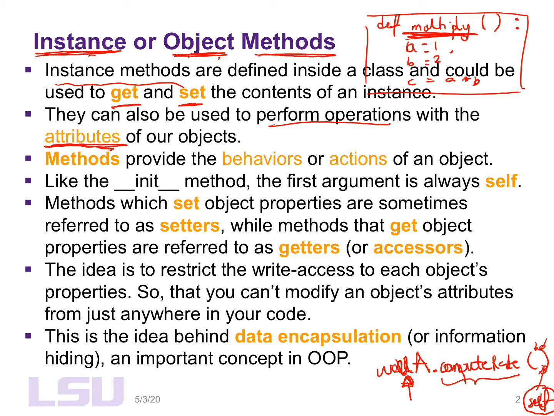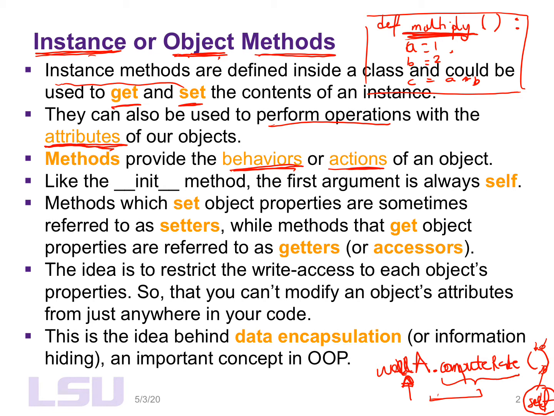So you will access them with something like well A.qi, well A.b for the B exponent, and perform the calculations here, and you wouldn't need to provide those as extra arguments. Those are the attributes of our objects. We are performing calculations in object methods using attributes that are already stored within the object. So methods provide the behaviors or actions of an object or that can be performed on an object.